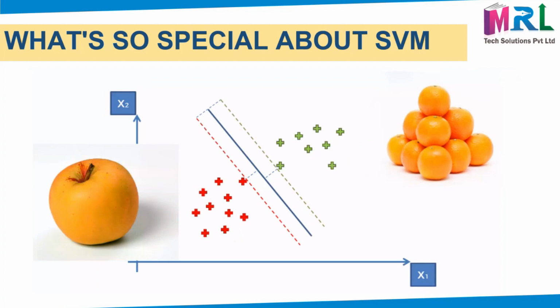Here you can see in the picture, it is an apple, but this apple is an orange color. Some yellowish apples are also there. So it's an extreme case, and that apple will be at this point. That is called an extreme point. It is an apple, but it looks like an orange color.